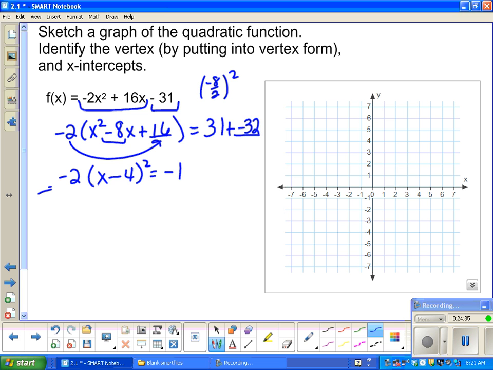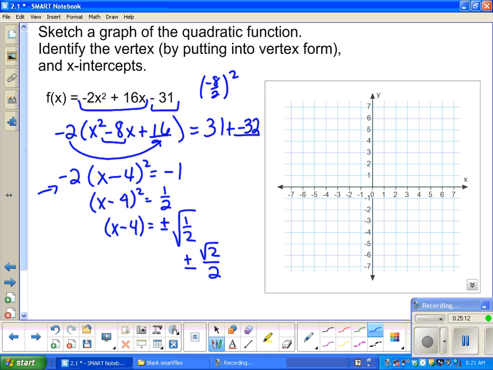Okay, so again, we solve this to find our x-intercepts. So I'm going to divide both sides by a negative 2. Square root both sides. Now, to rationalize this denominator, we'll go over more in class, but what you would do is you separate that out as square root of 1 over square root of 2, and you would get plus or minus square root of 2 over 2.